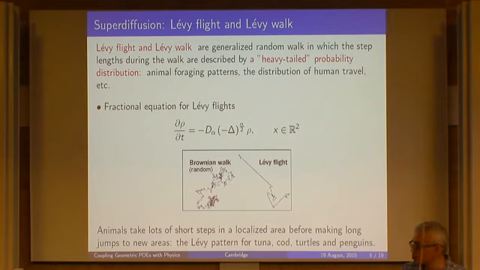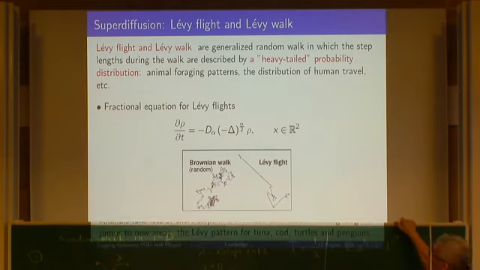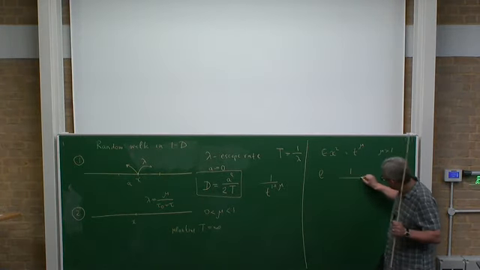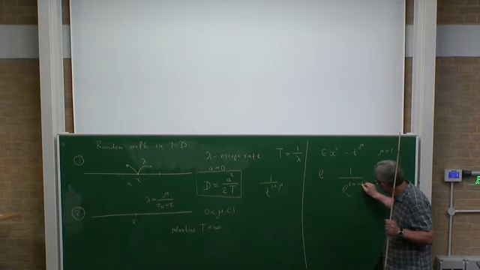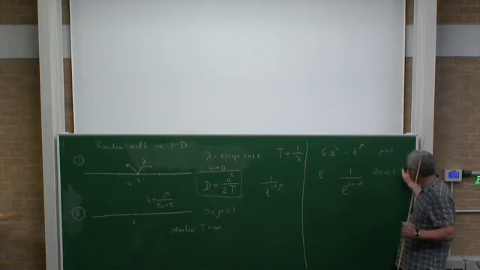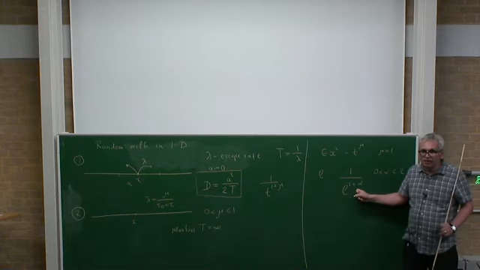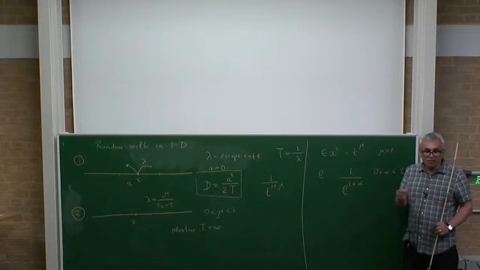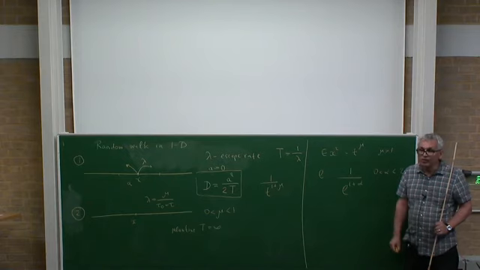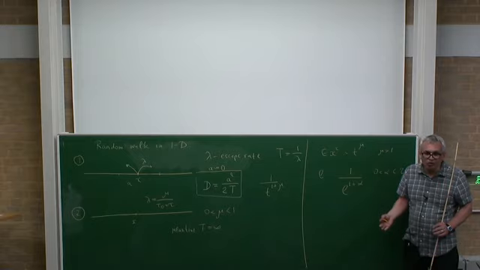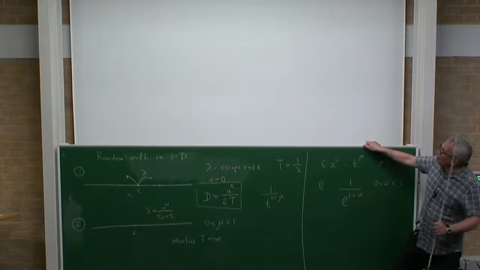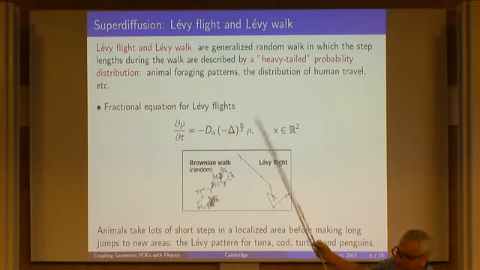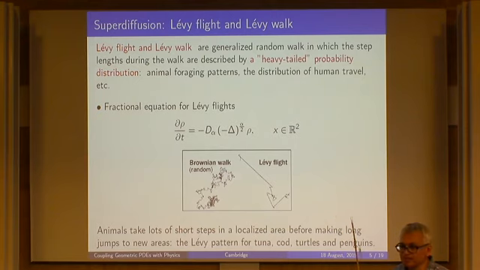The reason we have a fractional operator is that the distribution of flights looks like 1 over x to the power 1 plus alpha, where alpha varies from 0 to 2. So the second moment for this distribution is divergent. And because the second moment is divergent, you can't apply the central limit theorem. So you don't have a Gaussian distribution anymore. And in the end, you will end up with this fractional equation. But that equation for Lévy flight is trivial because it's Markovian.